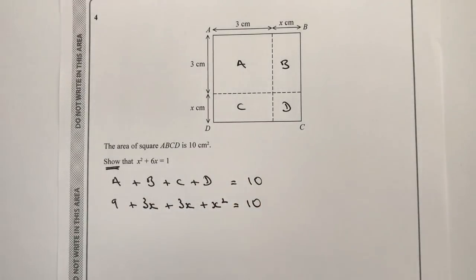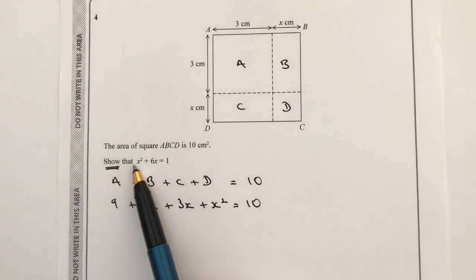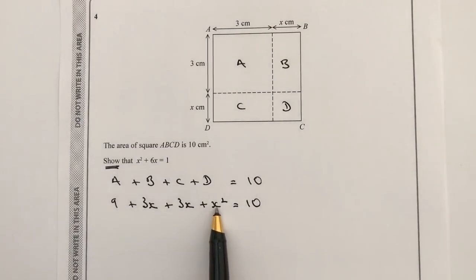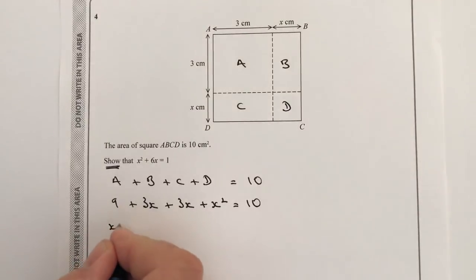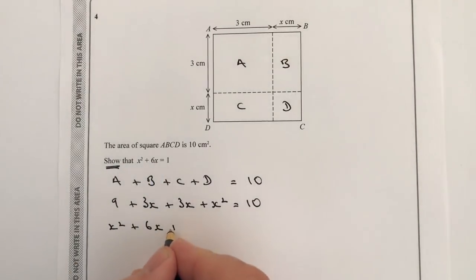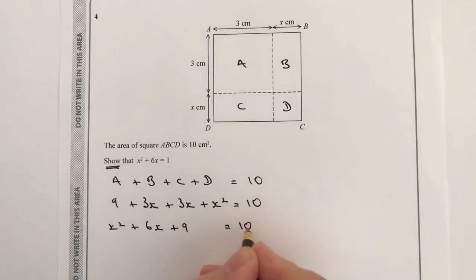And really that's the end of it. All we need to do now is just rearrange that and make it look like this. So the first thing I'm going to do is bring these x squared and this 3x and 3x together. So I'm going to get x squared plus 6x, and that's good because it's the beginning of this. And then finally I've got plus 9, and that equals 10.